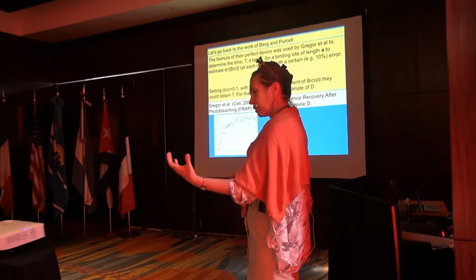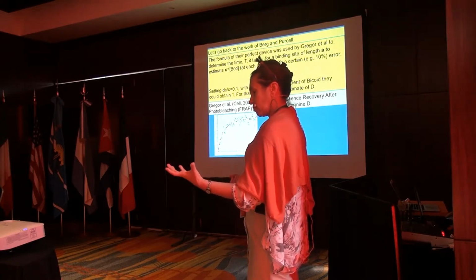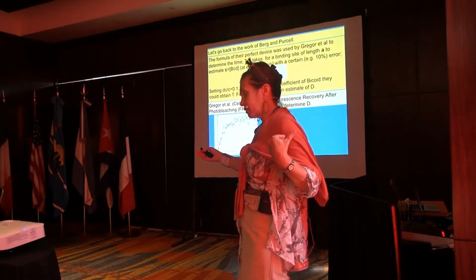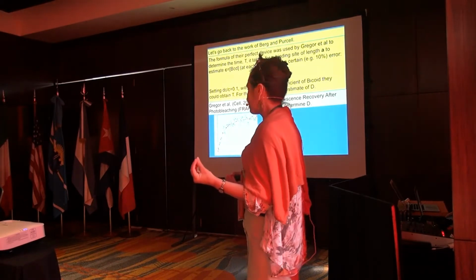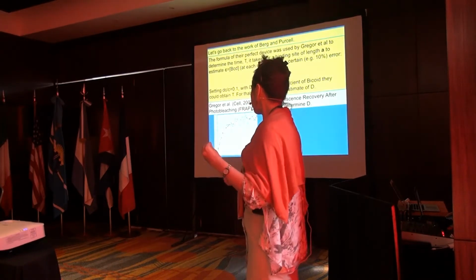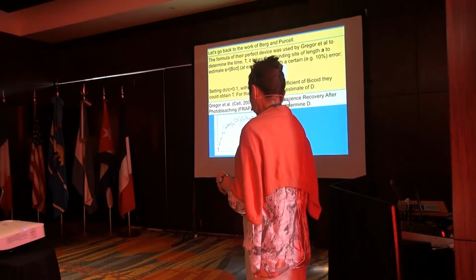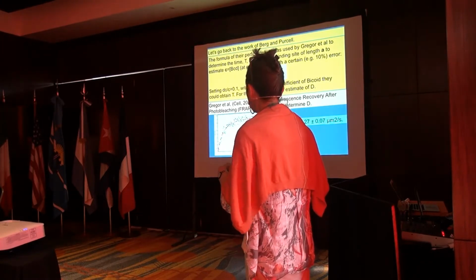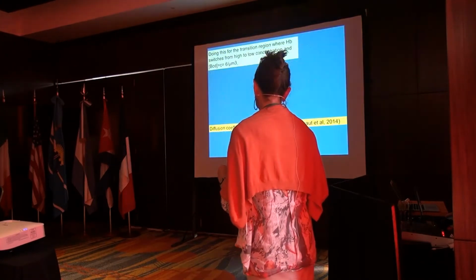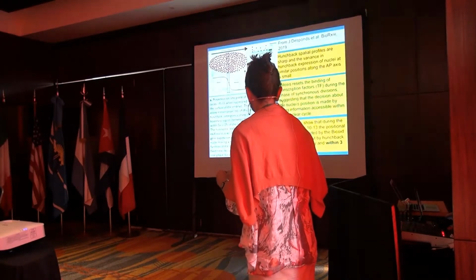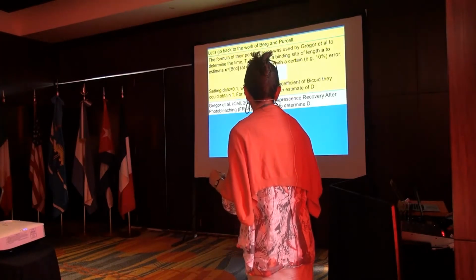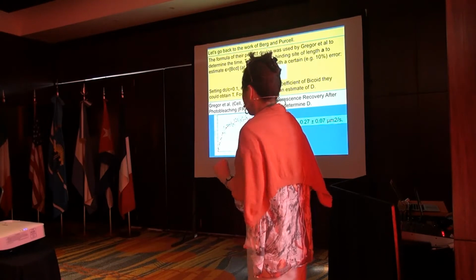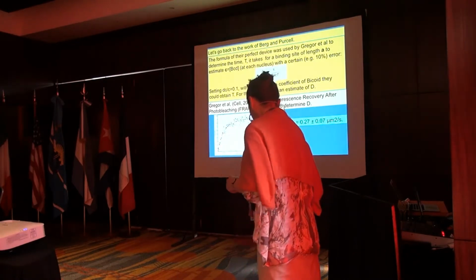And then the recovery of the fluorescence means that the fluorescent molecules that were outside the region that you bleached are going back. And from the recovery time of the fluorescence, you derive the diffusion coefficient. And they obtained a very slow diffusion coefficient, which is 0.27 micron square per second.